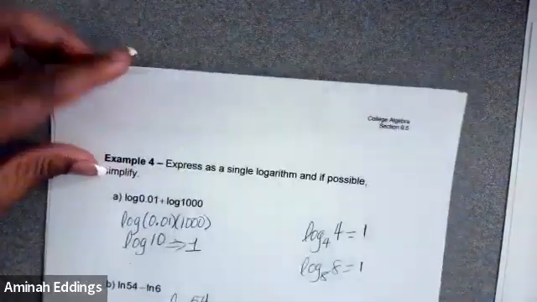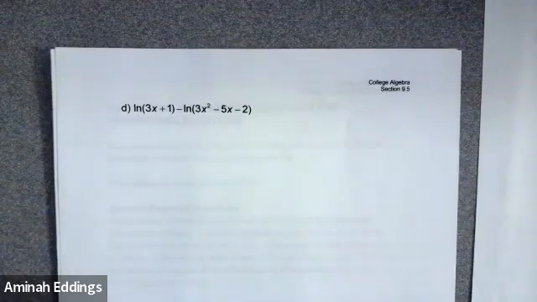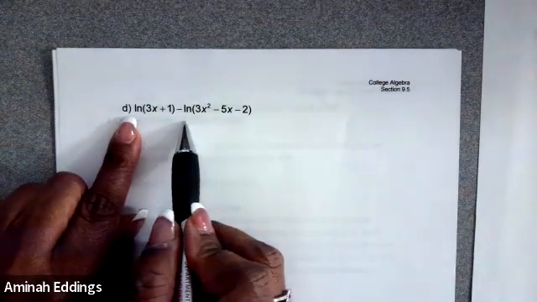All right, our final example for the evening. We have the natural log of 3x plus 1 minus the natural log of 3x squared minus 5x minus 2. Again, we're condensing, and you see 2 logs.